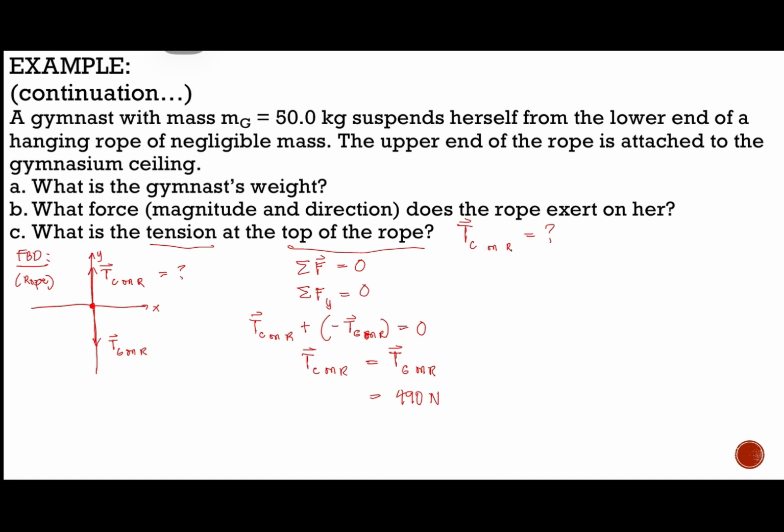That's why we're talking about the direction, not the magnitude. The magnitude is still the same, which is 490 newtons. But the direction of the tension force that the ceiling exerts on the rope is also along the positive y-axis. Okay, so this is the tension force that the ceiling exerts on the rope.